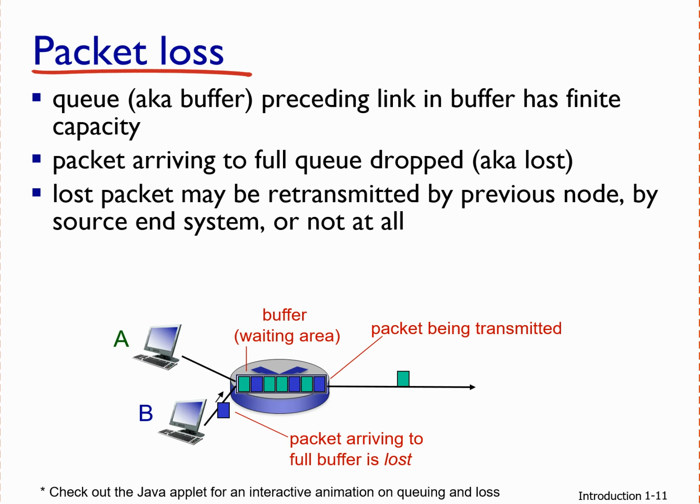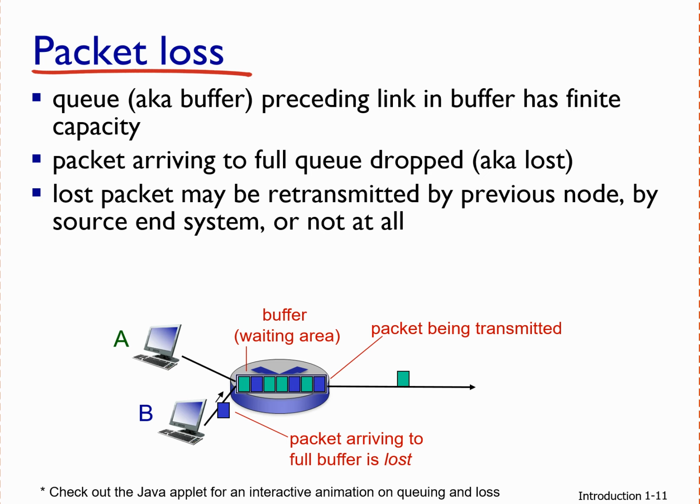As we discussed before, every router has a buffer or a queue, and every queue has a size. So if the arrival rate is very high compared to the link bandwidth or transmission rate, then packets will start piling up and being added to the queue. If the packet arrival exceeds the size of the queue, there's not much space to put these new packets, so the new packets have to be dropped and marked as lost.